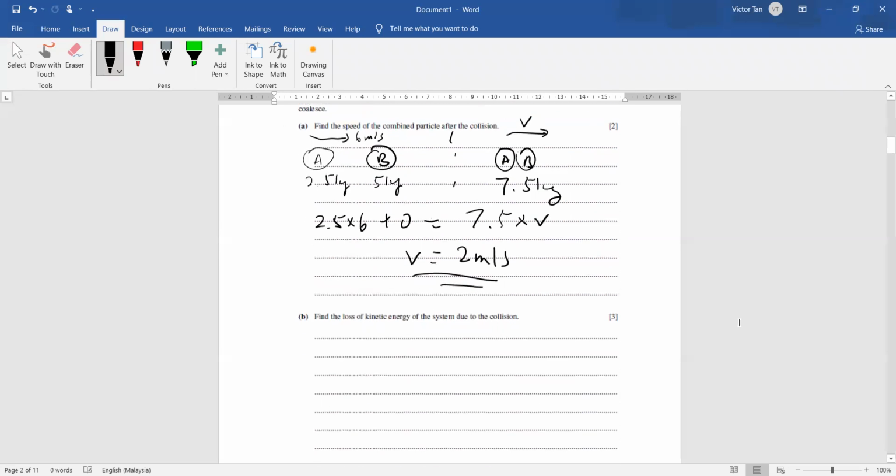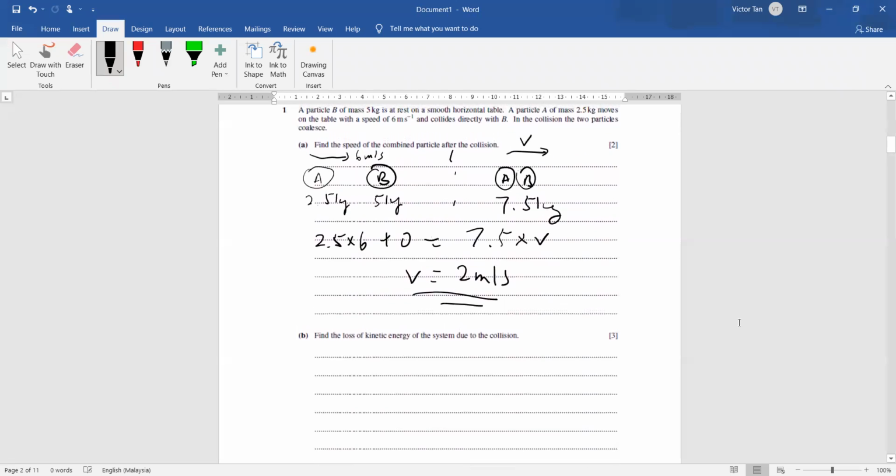Okay. Find the loss of kinetic energy of the system due to the collision. The final kinetic energy is half times 7.5 times 2 squared. Okay, this is the final kinetic energy. The initial kinetic energy is half times 2.5 times 6 squared, minus.